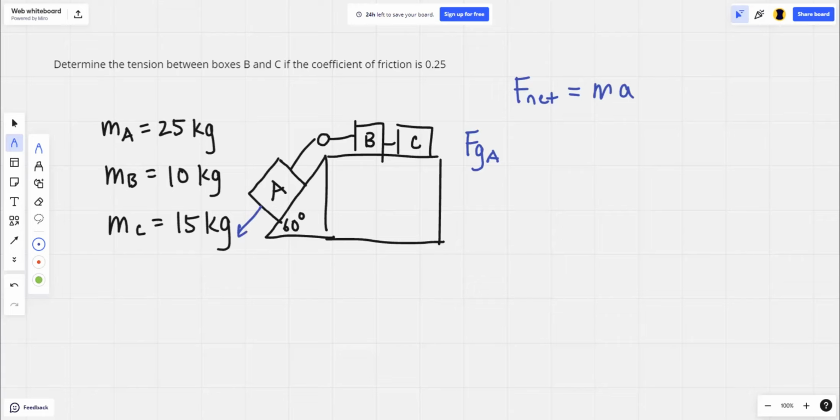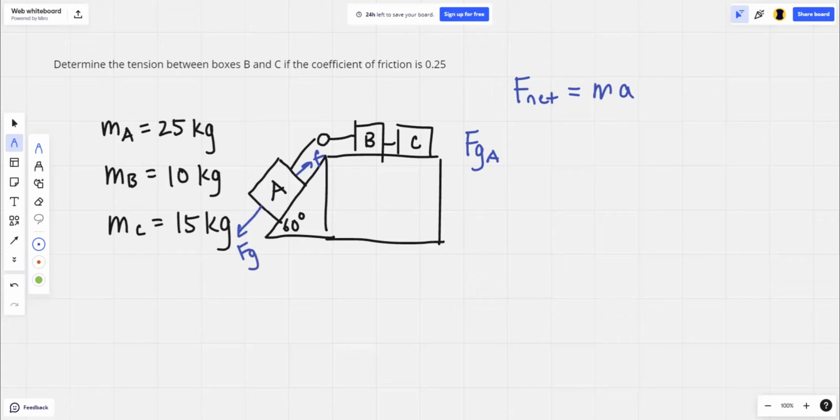And since the question is giving you the coefficient of friction, that means there is friction. So friction opposes the direction of motion. So for box A, friction is going to go this way. So use lowercase f for friction, and here's just Fg.